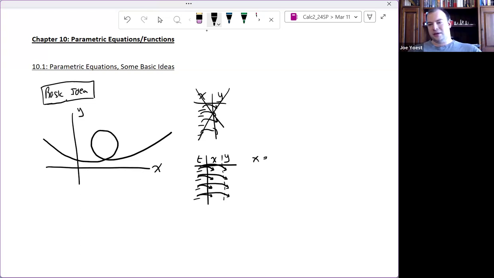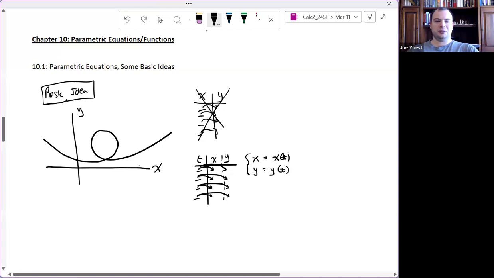So X is a function of T and Y is also a function of T. X and Y are still related to one another through this common variable T, time. There's still some connection between X and Y, but it's not so strict as to be a functional relationship.